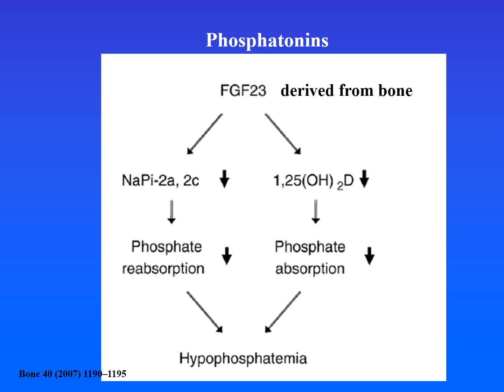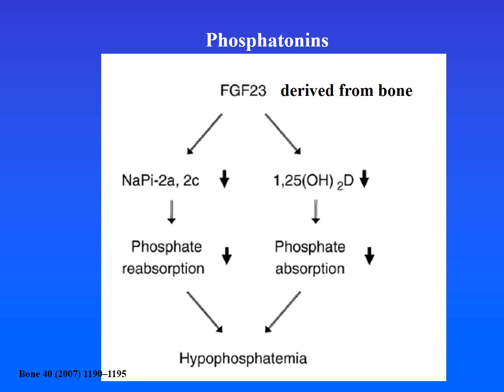Of the phosphatonins we talked about, FGF23 is the one that's most important. It's actually derived from bone, and specifically mostly from the osteocytes, terminally differentiated osteoblasts that sit in the bone matrix. And it causes phosphate wasting.